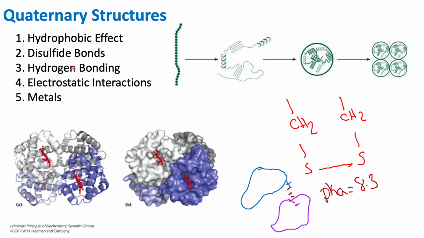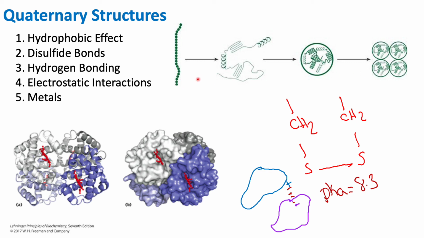And then if our pH alters, it's going to affect our disulfide bonds as well, because we know that cysteine has a pKa of 8.3, it's ionizable, it has the ability to be protonated or deprotonated. So quaternary structures, these are the stabilizing factors, but also the factors that if they don't go how they're supposed to, by altering pH or temperature, we will see denaturation of the quaternary structure.